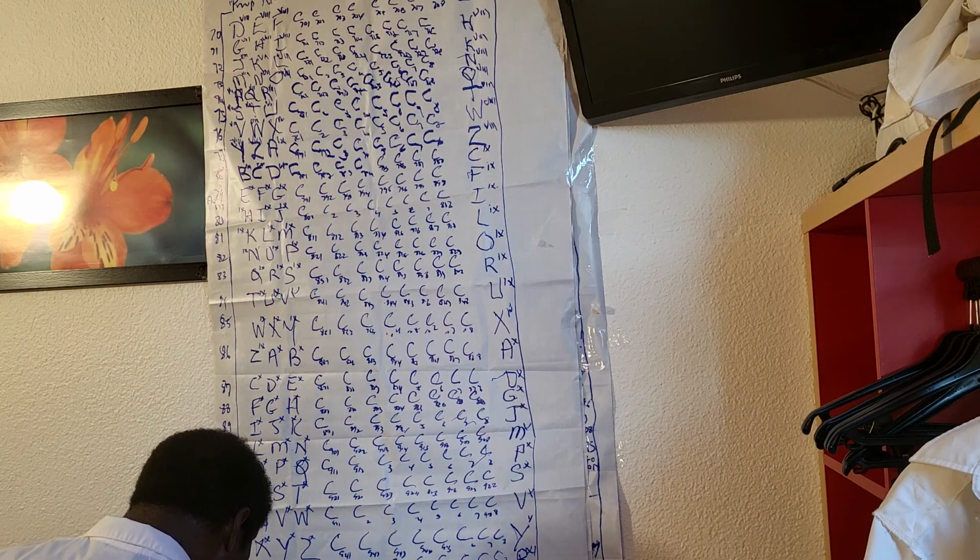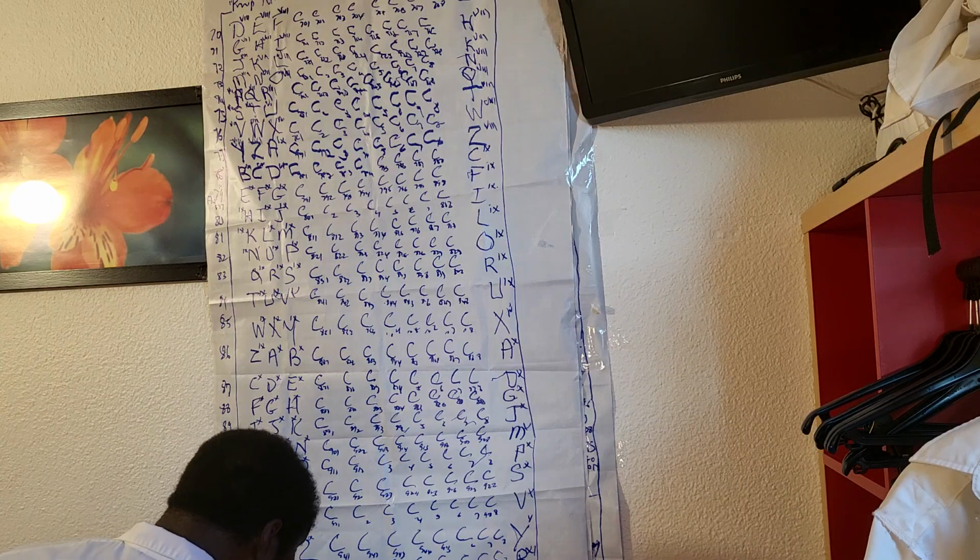C 98-1, Californium 98-2, Californium 98-3, Californium 98-4, C 5, 6, 7, 8. Let's draw the matrix sign there, and we get K of X1.